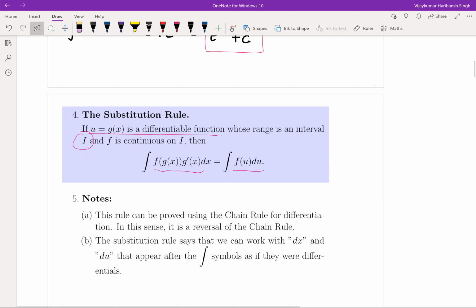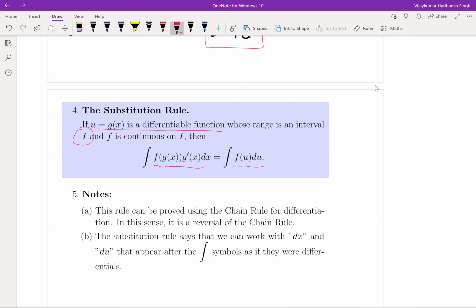Now this can be proved using the chain rule of differentiation. So how can you prove it using the chain rule? Let's look at f of g of x. If you take the derivative of this, what do you get?